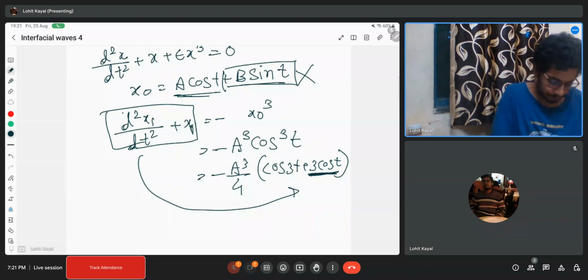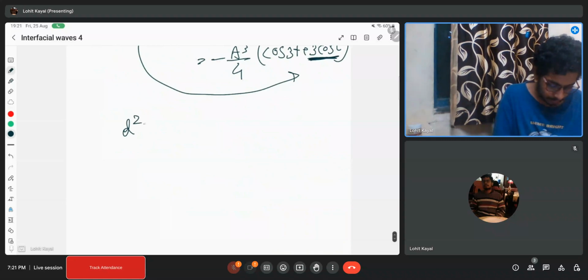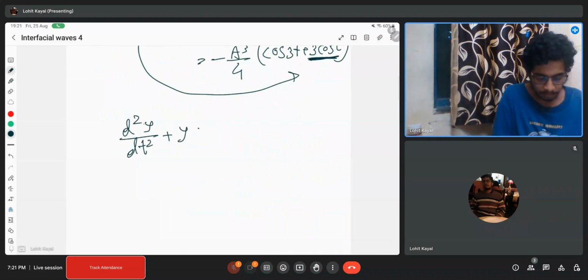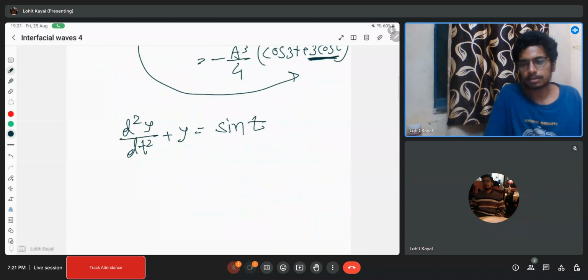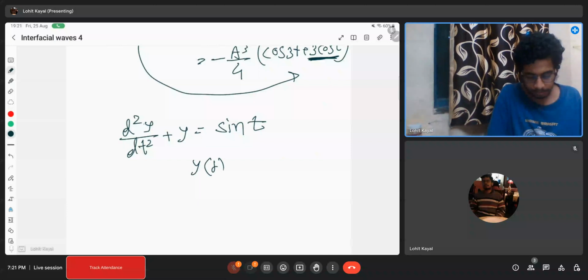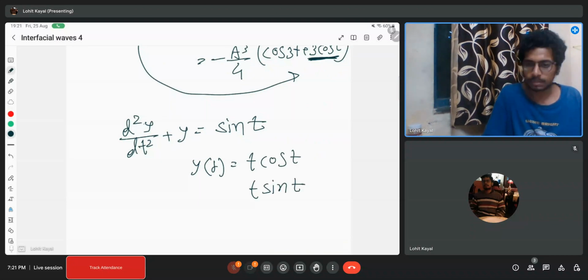Okay, now suppose you have an equation of d square y dt square plus y equal to sine t. Do you know what is the solution of this equation? The solution of this equation will be either t cos t or t sine t. Let's try that.